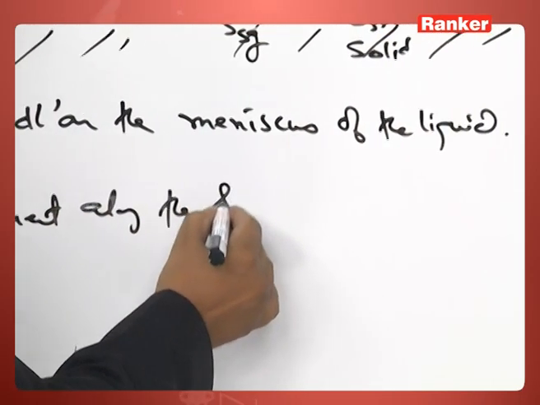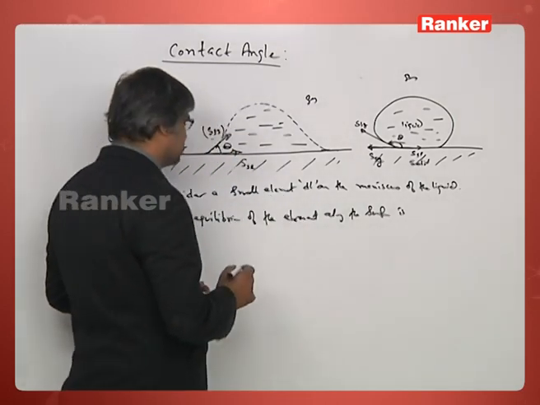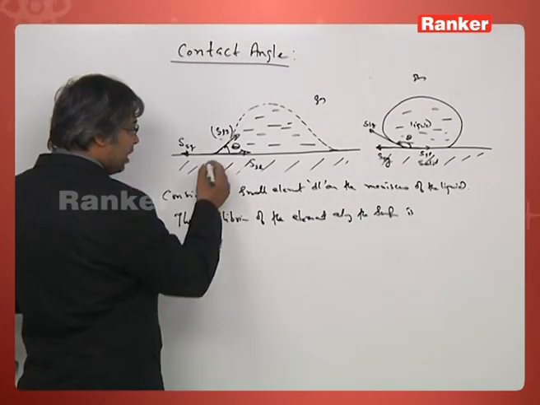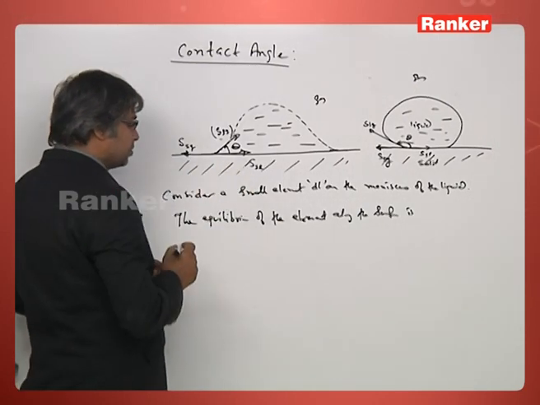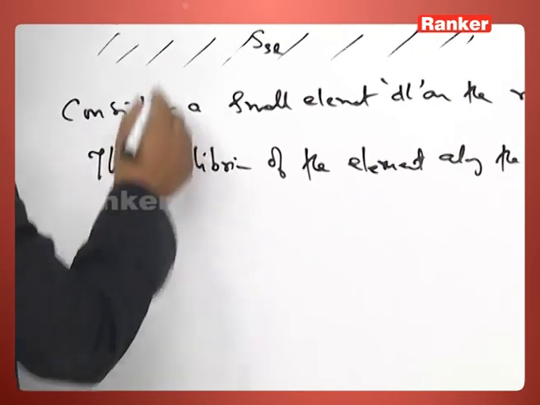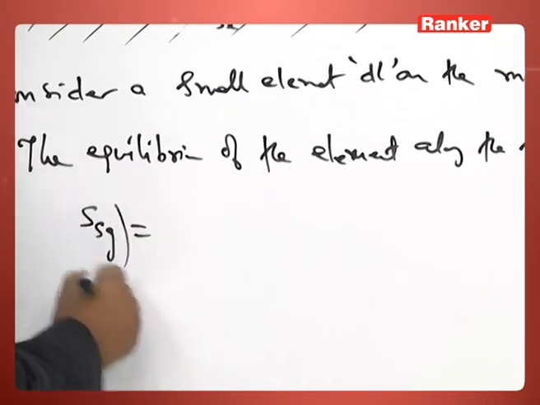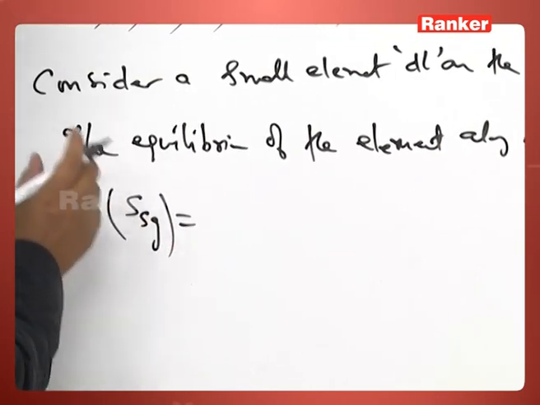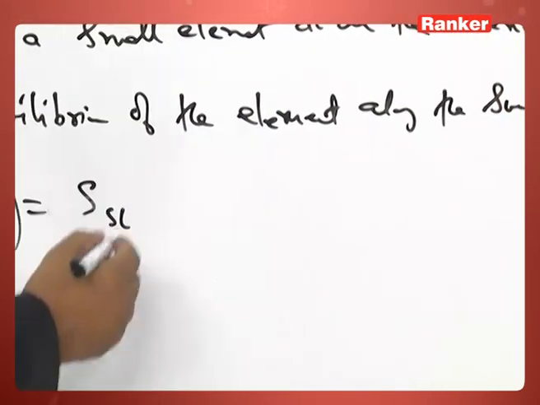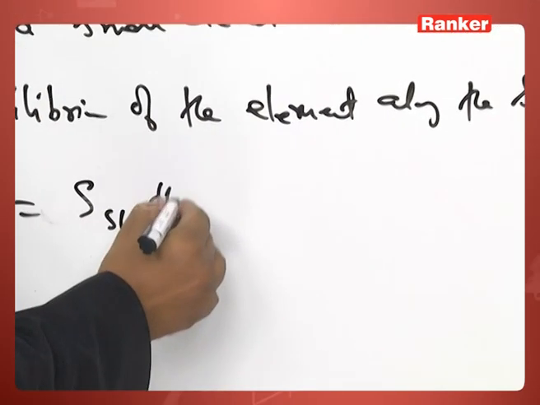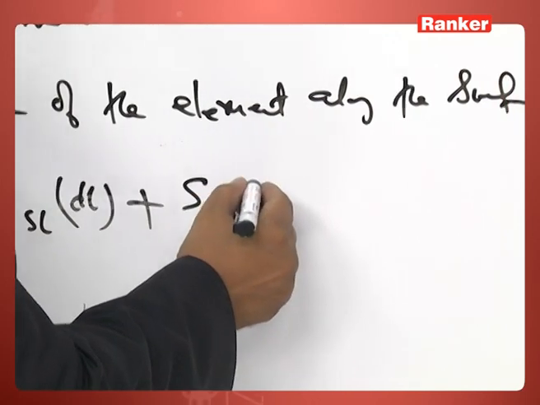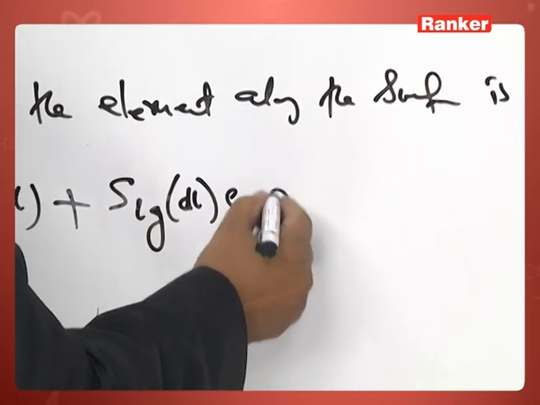along the surface is, so now you see I am talking about the equilibrium of the forces along the surface, not along the bulk. Along the surface it is S_SG into dl, that length, because surface tension into length is the force. So, this force is here, and here surface tension of solid in contact with liquid into dl plus surface tension of liquid in contact with gas into dl and its cos theta component.